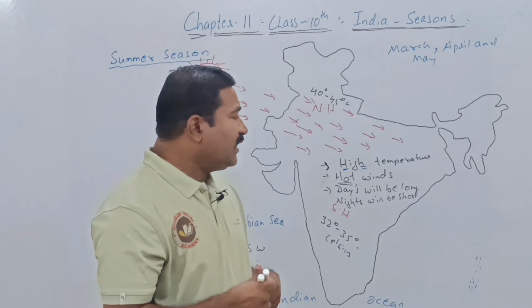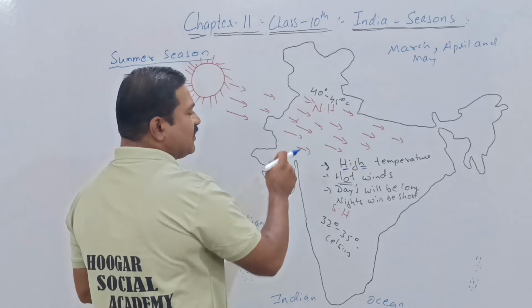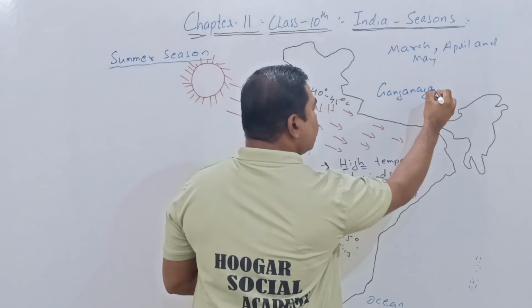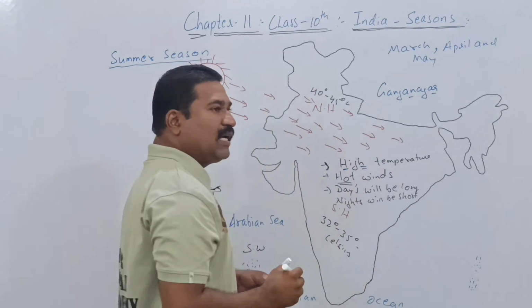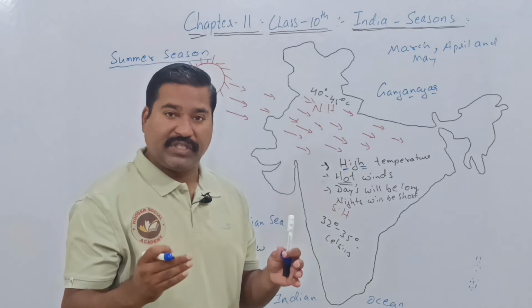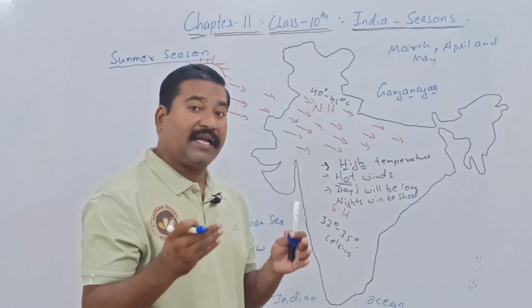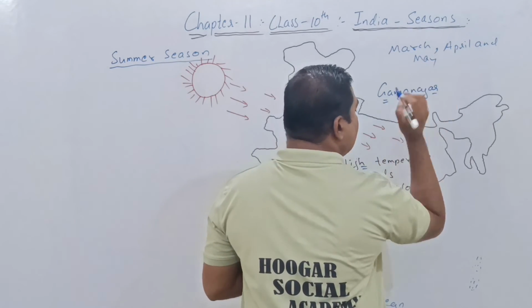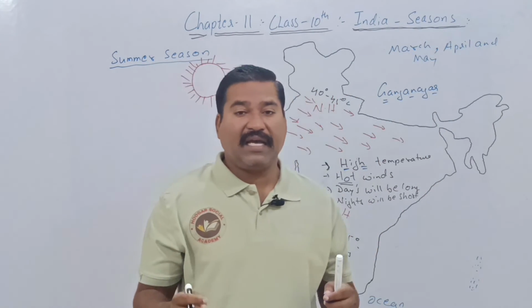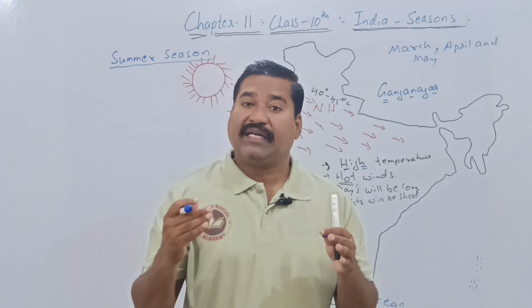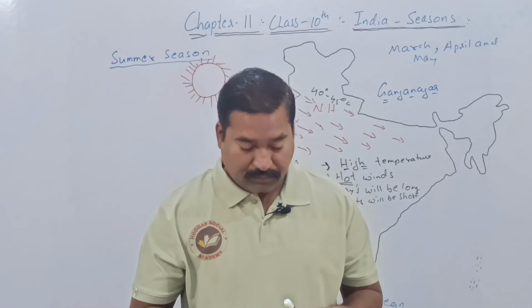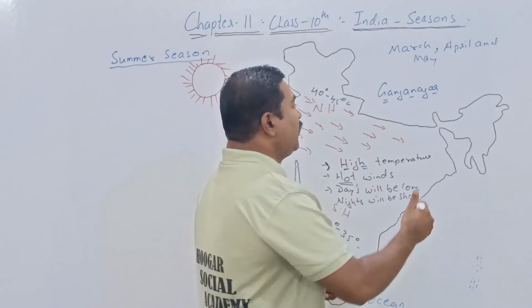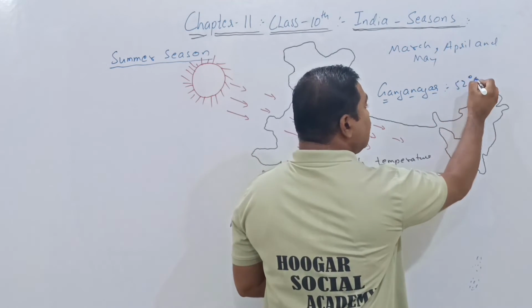During the summer season, the place called Ganga Nagar is recorded as the highest temperature area. It reaches up to 52 degrees Celsius.